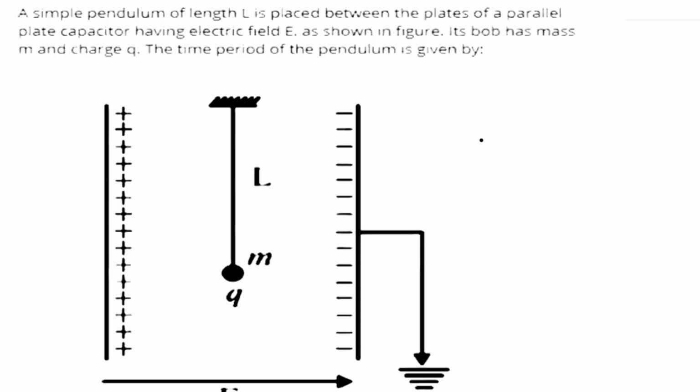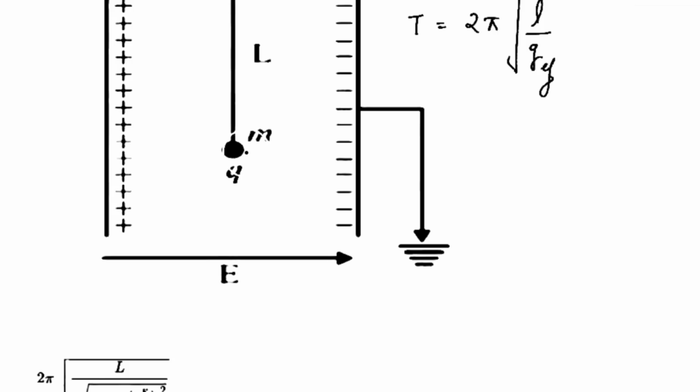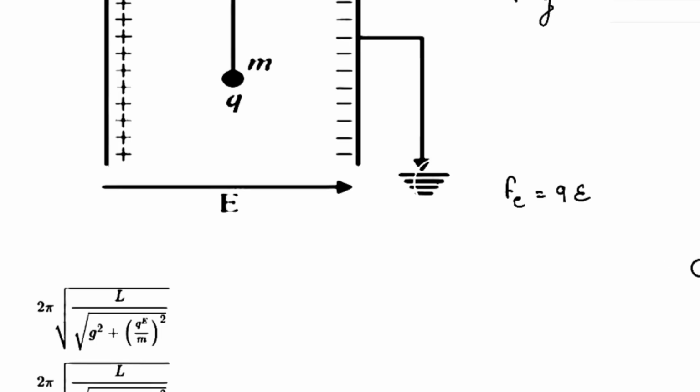If I want to calculate the time period, it will be under root L by g effective. So let's calculate the g effective here. The bob will be moving with acceleration. The electric force is Q into E, so the acceleration will be force by mass.